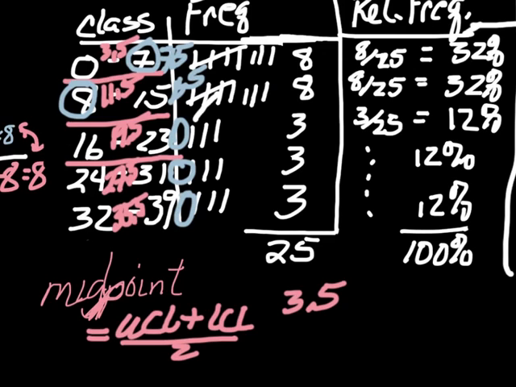And then you have the boundaries on the bottom. So it's negative 0.5 here, and then here it's 7.5, and then the boundary here is 15.5, etc. So notice it's halfway between the numbers on both sides. Those are called the boundaries. And you can call it a lower class boundary and an upper class boundary. And notice how they're different than the lower class limit and the upper class limit.